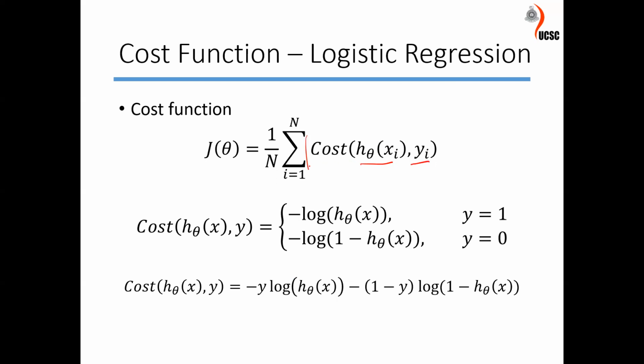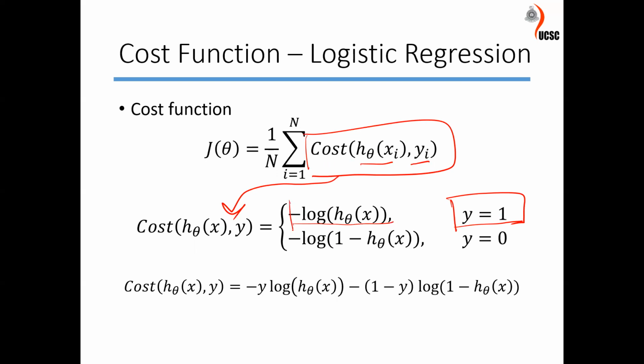So what I mean by this cost function is defined here, right? If our class or our label is equal to 1, we can use minus log of h naught x.